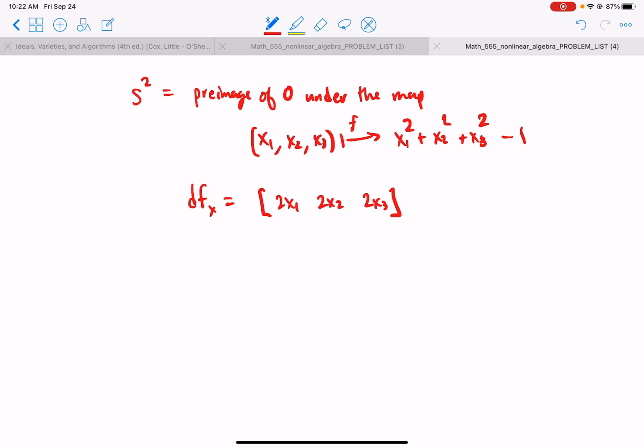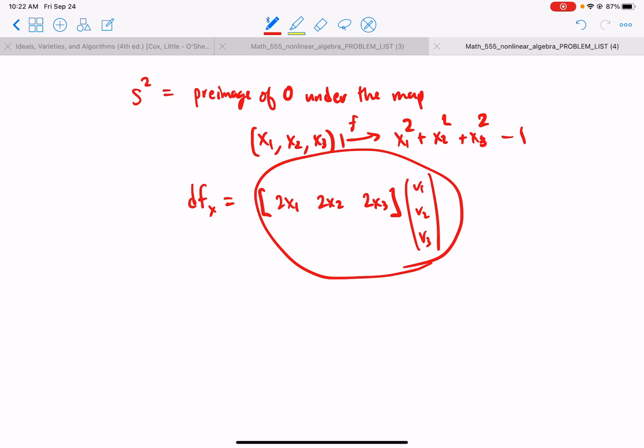So it's a linear map from R3 to R1, because our map was a nonlinear map from R3 to R1. The derivative is a linear map. Namely, it sends the point v1, v2, v3 to this point in the real numbers given by matrix multiplication.